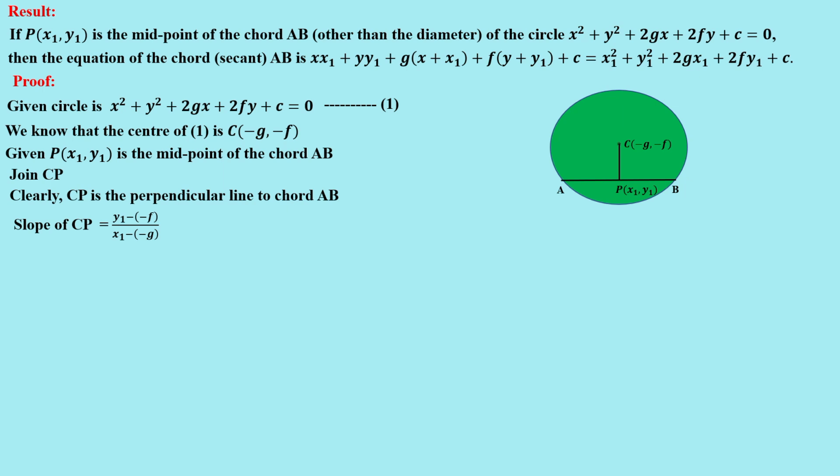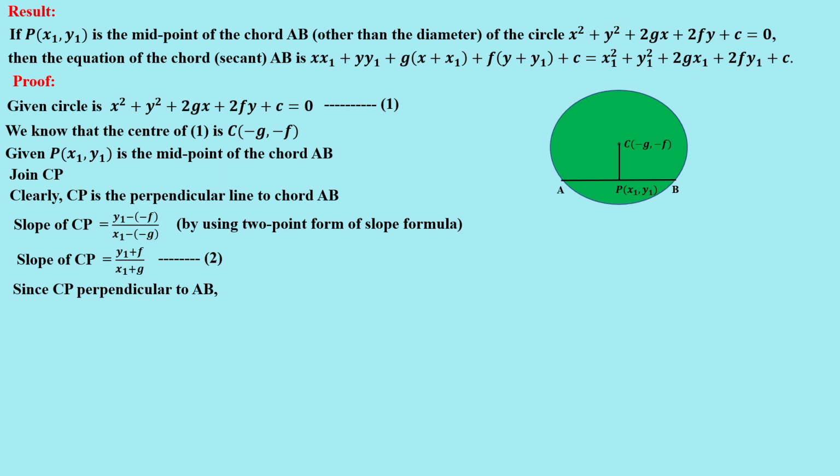Now slope of CP, using the two-point form of slope, (y2 - y1) divided by (x2 - x1), is (y1 - (-f)) divided by (x1 - (-g)), that is equal to (y1 + f)/(x1 + g). That is equation number 2. Since CP is perpendicular to AB, the slope of AB, m, is equal to -1 divided by the slope of CP.